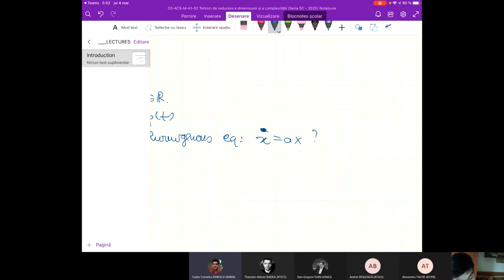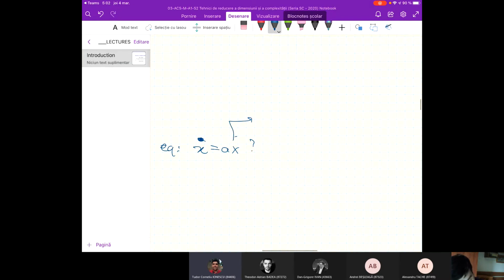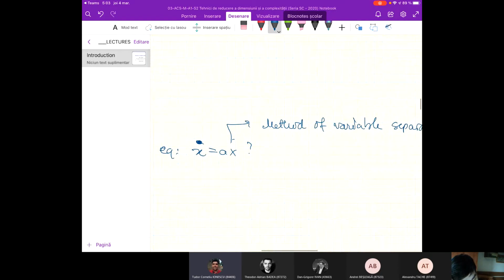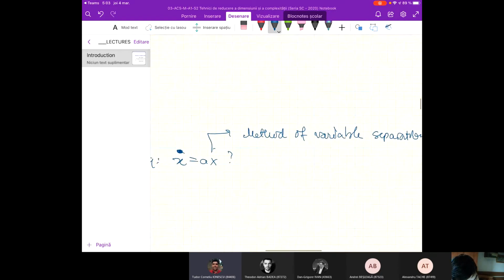To solve this equation, we are going to use the method of variable separation. You separate the two variables into two different terms. Everything with x goes to the left, and everything in t, the time, stays to the right. So you write the equation like this: x dot over x equals a.